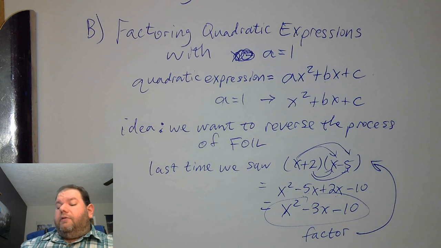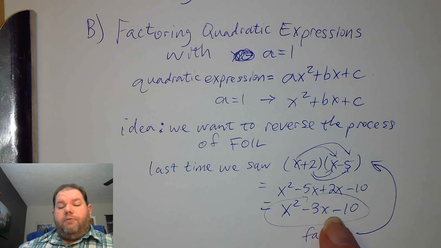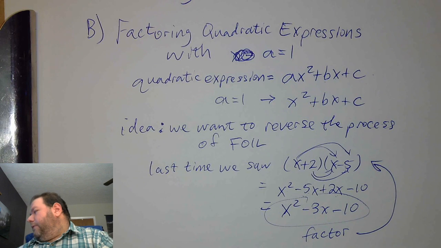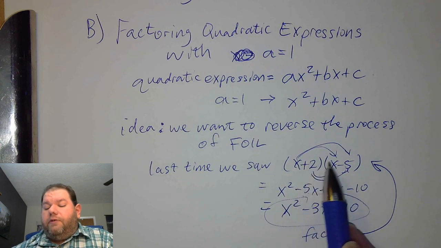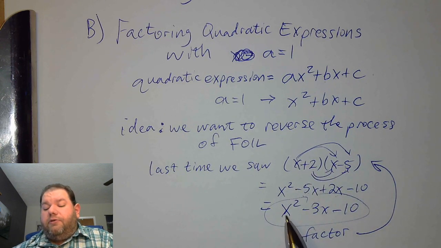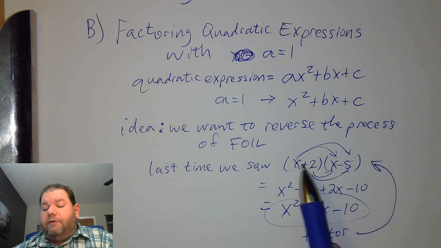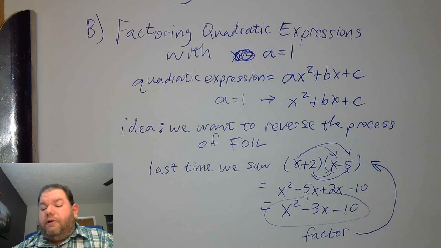How can we take this expression, x squared minus 3x minus 10, and figure out that it's equal to x plus 2 times x minus 5? That's really the goal here. It's taking that same process of FOIL that we used to go from here to here, and now we want to go the opposite direction, from here back to the original pair of factors.